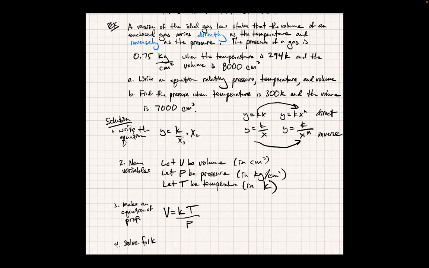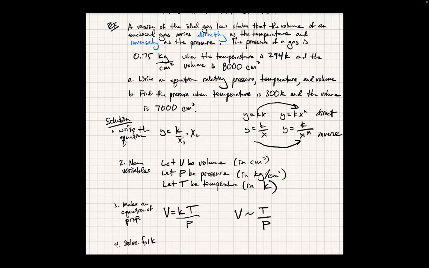Just for science fans, if I did not have a K, then the best I could say was volume is proportional to T over P. I can upgrade this from proportionality to equals by including a constant of proportionality. That's K. K is literally called my constant of proportionality.